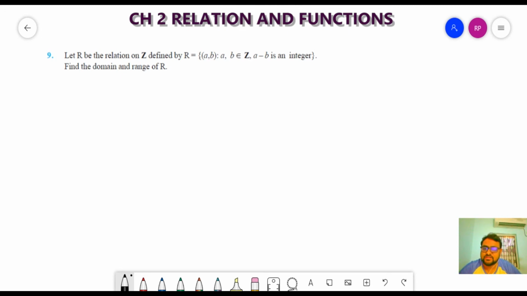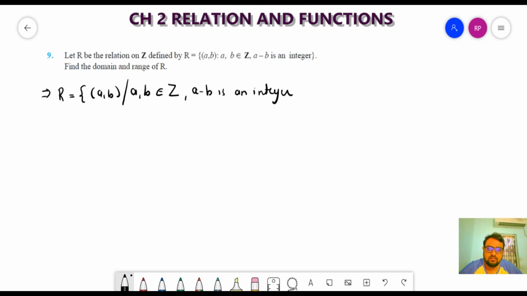Okay, here it is given R is equal to the ordered pair (a, b) such that a and b both belong to Z, means both are integers, such that a minus b is an integer.